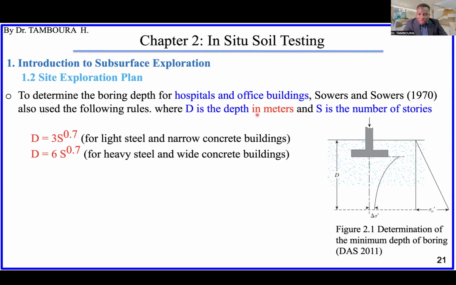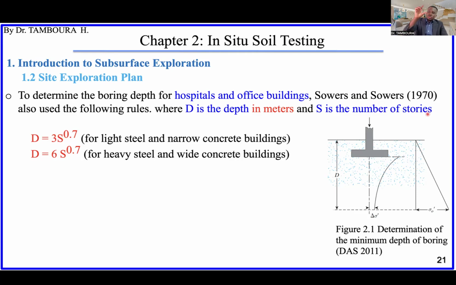If D is in meters, please be careful, because if it is in feet, American unit, it will be different. Here, for example, you will have maybe 20. But here, if your building is a narrow light steel or narrow concrete building, narrow meaning maybe less than 30 meters, then please do this.